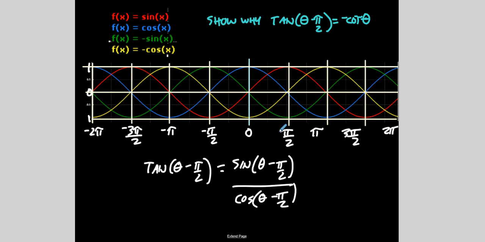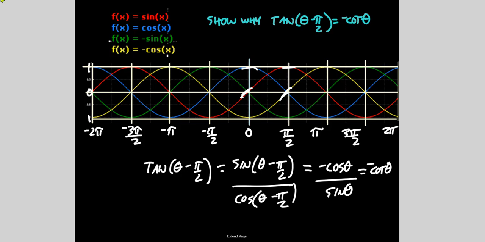We know that sine of theta minus pi over 2, we just did that, is negative cosine theta. Then cosine shifted pi over 2 puts you right here. Well, that's sine theta. So this has to be negative cotangent theta, because cosine over sine is cotangent.